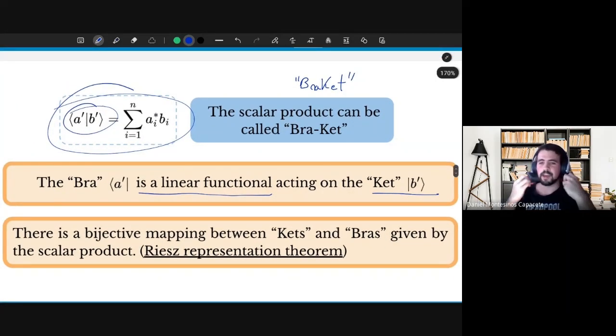That's basically what we are saying. And there is an important theorem that makes this possible, the proof that this is something we can do. It is called the Riesz representation theorem, which I'm not going to state because it would be quite confusing.